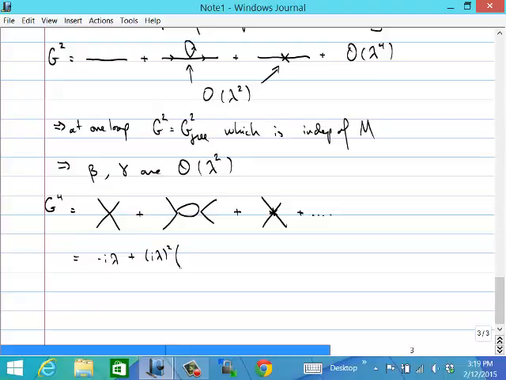And then you have three contributions, let's call them M of s plus M of u plus M of t, coming from the S, T, and U channels. And then you have to add in the counter term, delta lambda. And then you have higher order things that appear at order lambda cubed.